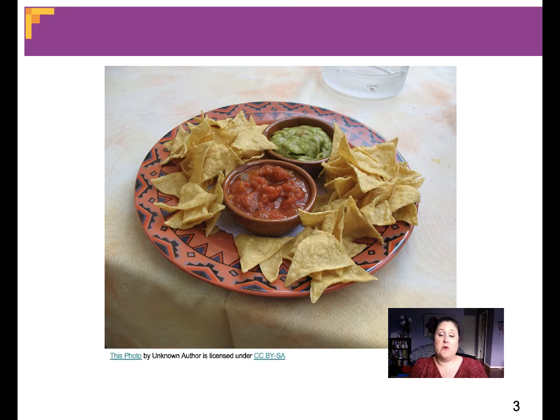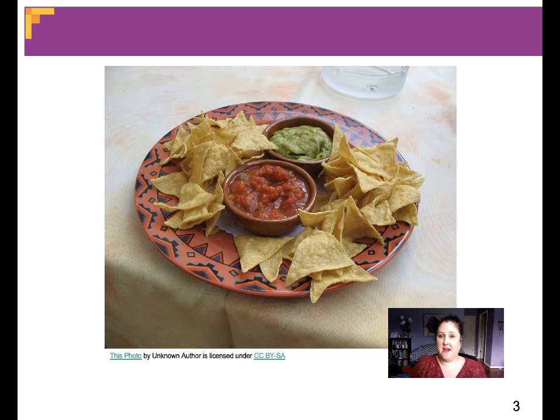So maybe we would have the same temperature oil with the same length of time, but we were changing the type of tortilla used. And so here we would take one type of tortilla and we would fry it in the same oil for the same time at the same temperature. Then we would take a different tortilla and do the same thing.